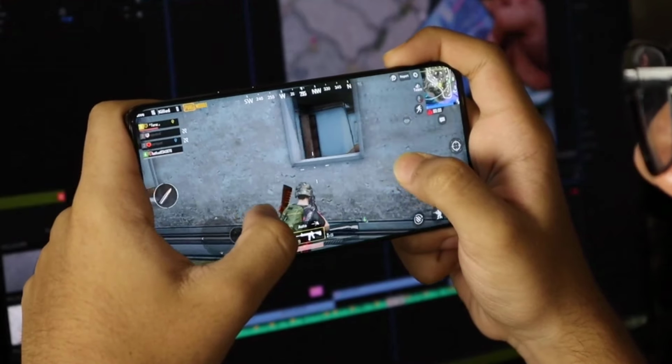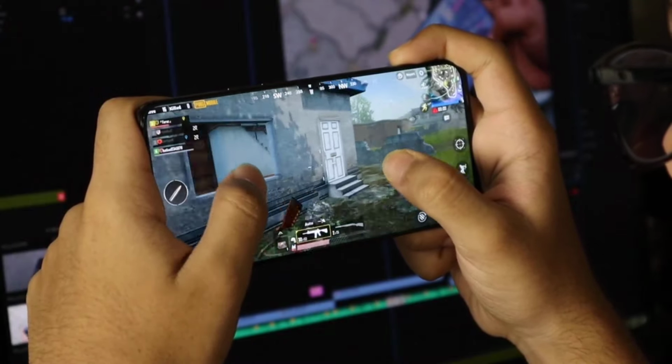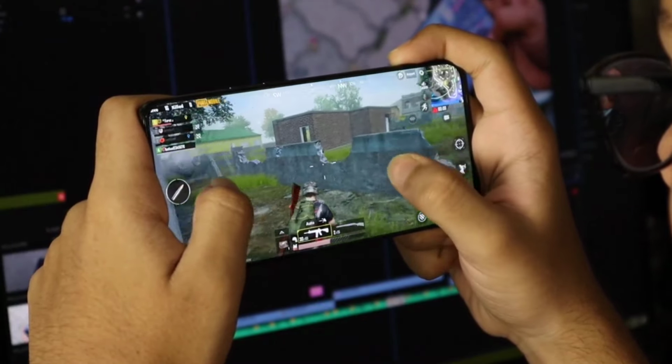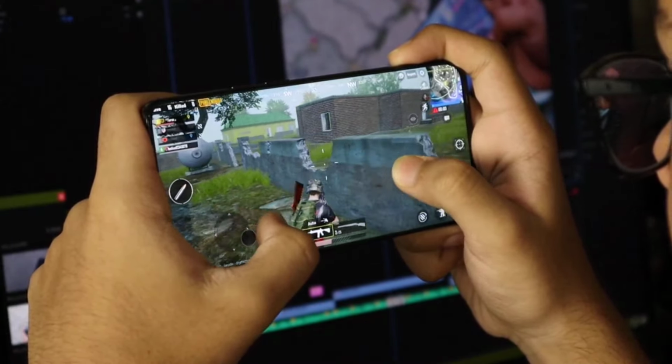But still, the power consumption you will notice with the same brightness and the same volume on both smartphones will be different if one has eMMC storage and the other has UFS storage.